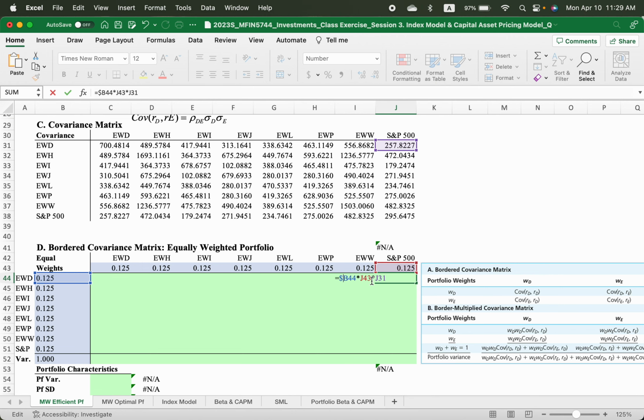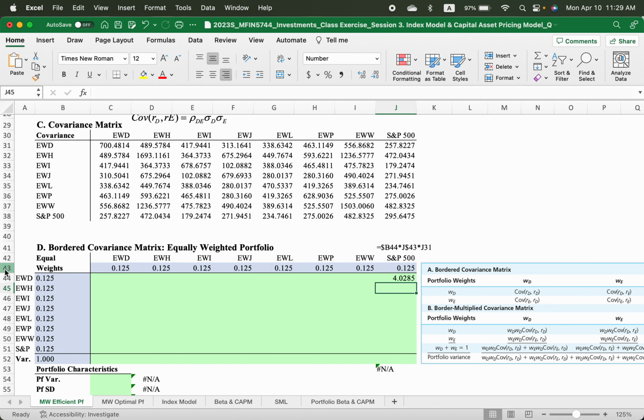Also here, J43, which is this weight. I want you to fix this row, because we are going to drag right and left, but we fix this weight on row 43. So let's just enter. So we got this covariance matrix with equal weight on the S&P 500 and the Sweden ETF.